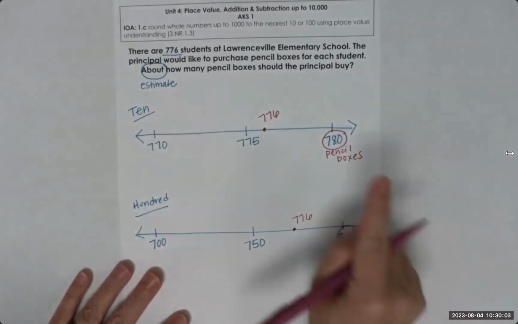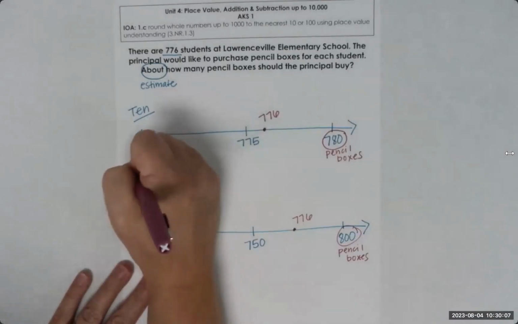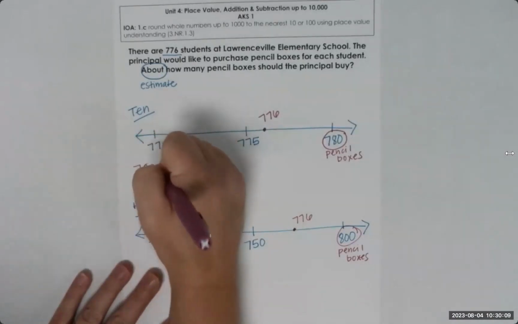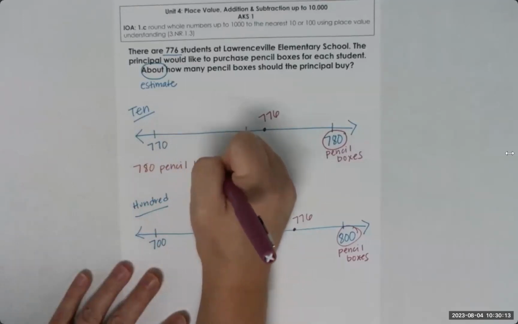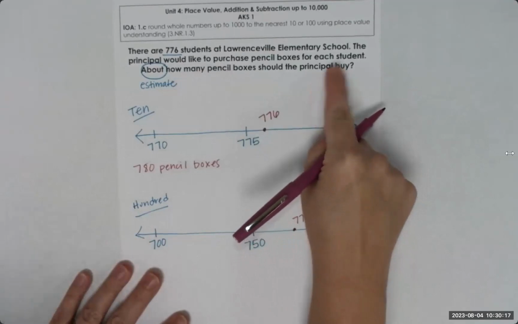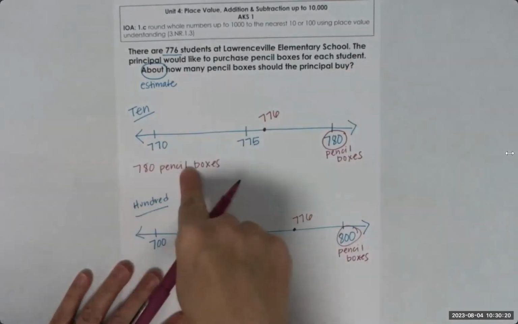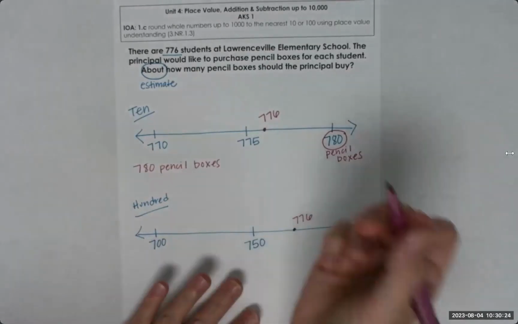Okay. I'm going to say that he should pick 780 pencil boxes. About how many pencil boxes should the principal buy? Well, the principal should buy 780 pencil boxes, okay?